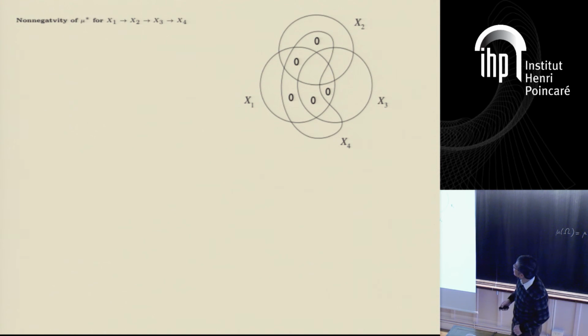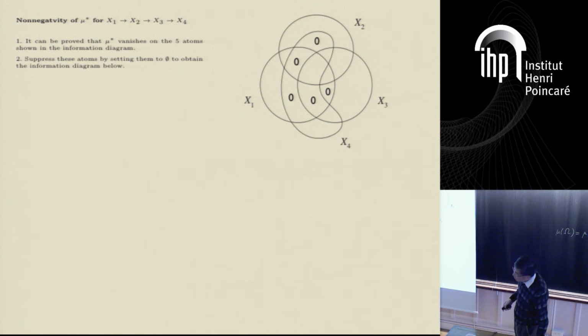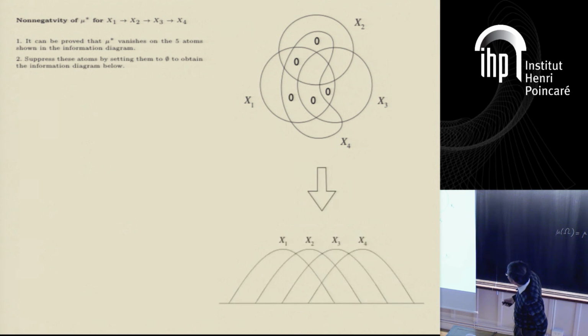This is about the non-negativity of mu star for the length 4 Markov chain. It can be shown that mu star always vanishes on these 5 atoms, and so we suppress these atoms, and then we can obtain this information diagram. You can check the validity of this representation.